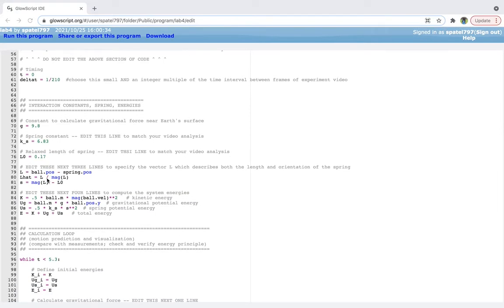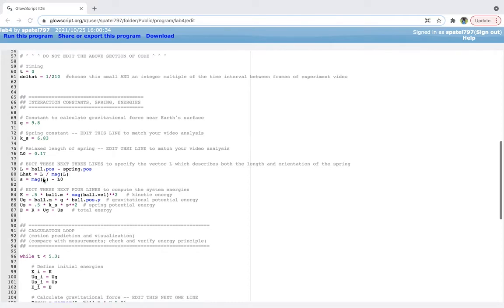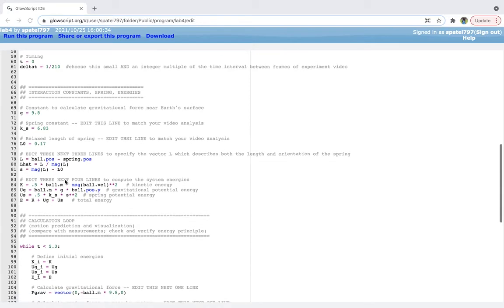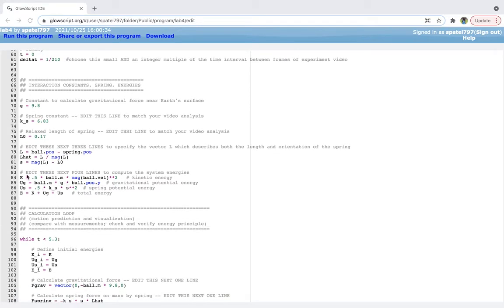In order to specify the vector L, we defined it as the ball's position minus the spring position. L hat, which gives us the direction, was L divided by the magnitude of L. And s, which gives us the compression or stretch of the spring, is the magnitude of L minus its initial length L0. Then, we saw 4 different types of energies.